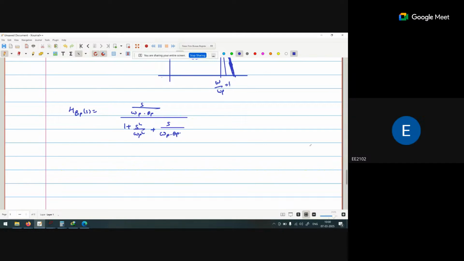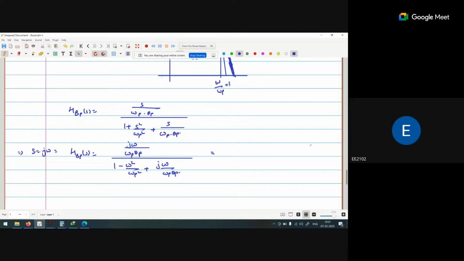Now again you put s equal to jω, so H_BP(jω) becomes (jω / (ωp Qp)) upon (1 minus ω² / ωp² plus jω / (ωp Qp)). Now take the magnitude.